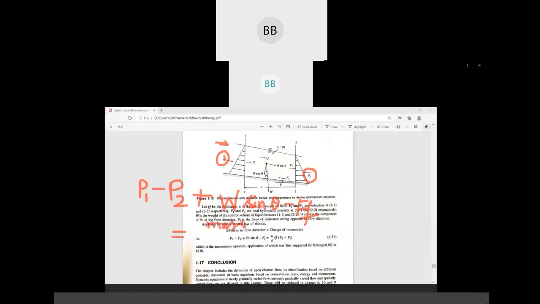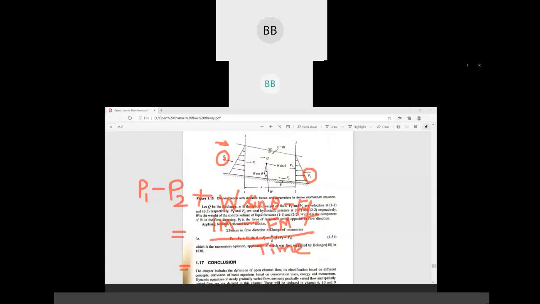Or you can also write initial momentum minus final momentum, it's up to you. As we are saying rate of change of momentum, it will be divided by time.